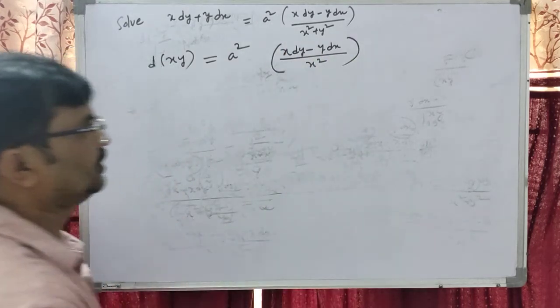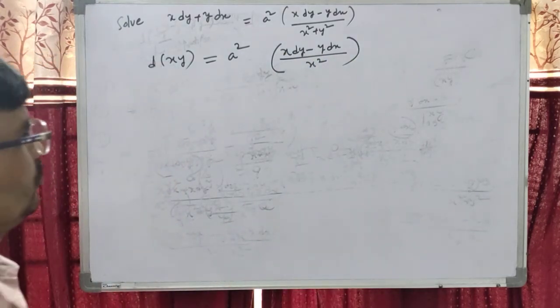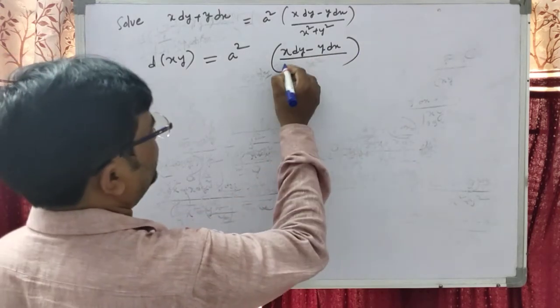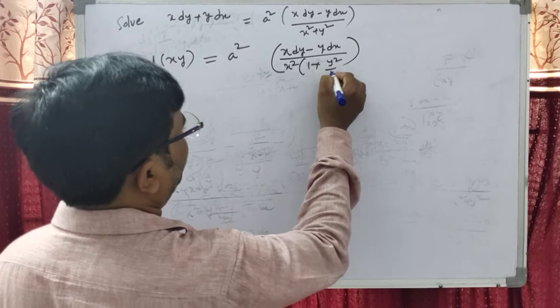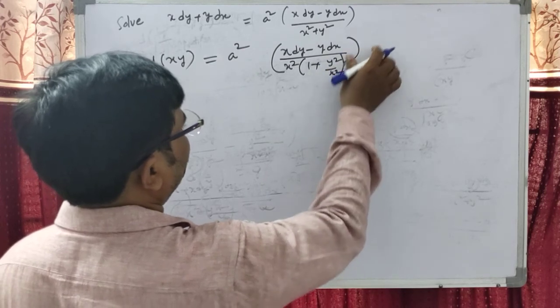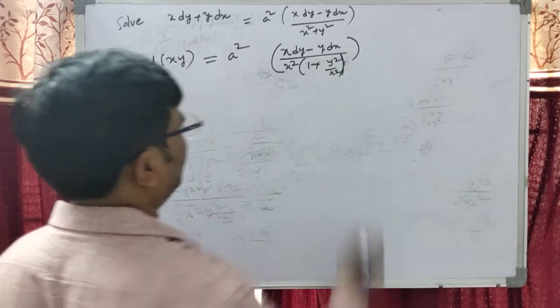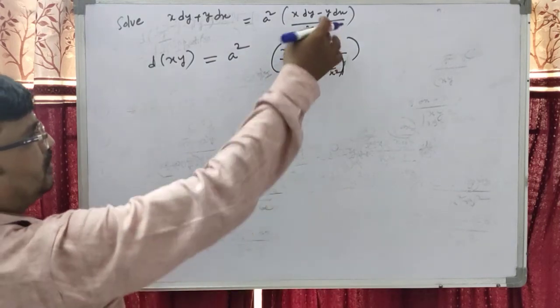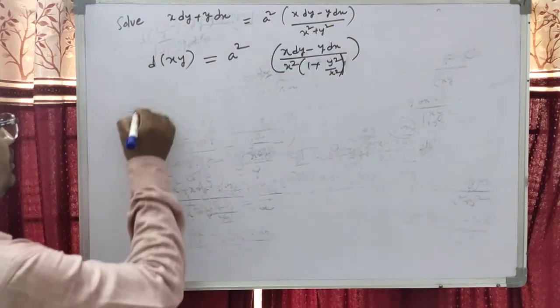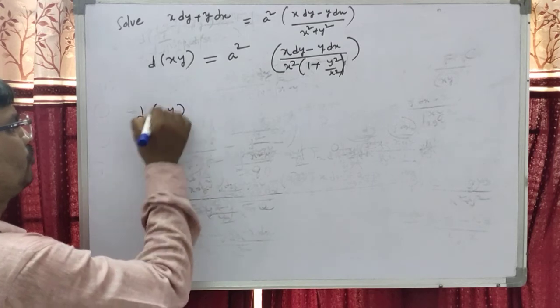My dear students, what happened here? Just observe, students: x square is common, 1 plus y square by x square. When you observe here, x square is a common factor, that is enough. So in the next step, what do we do?